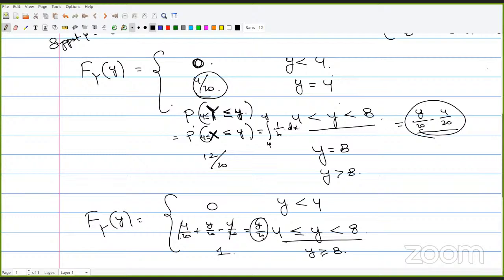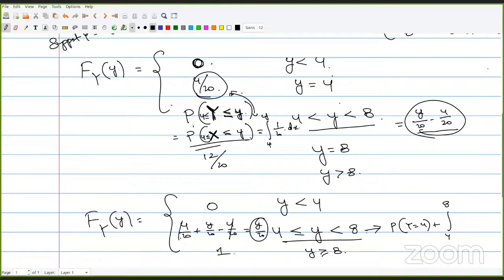So you can actually split this interval: the probability that y is equal to 4 plus from 4 to 8. You can add those two, and that is what they did in the answer.